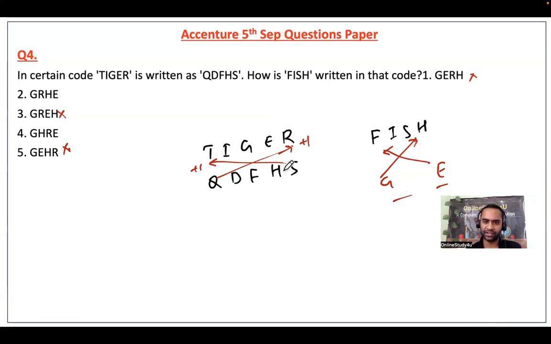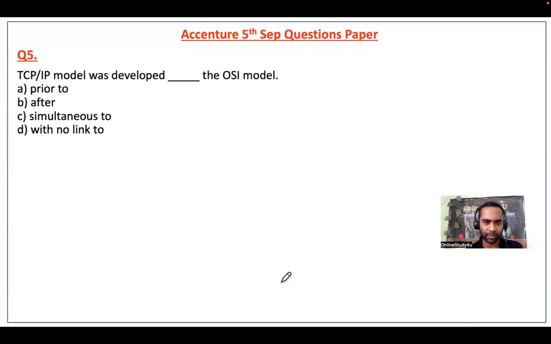EF, GH, ST, QR. Then if you see DEHI, so again RS and here ABCDEFGH, so H, GRHE. Option 2 will become the correct answer for the particular problem.